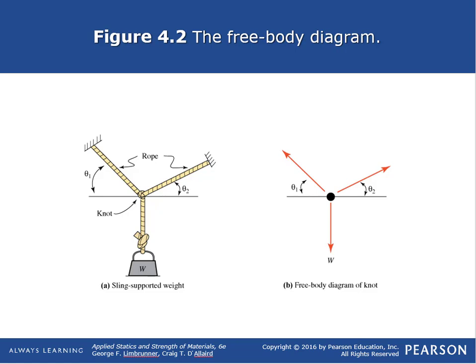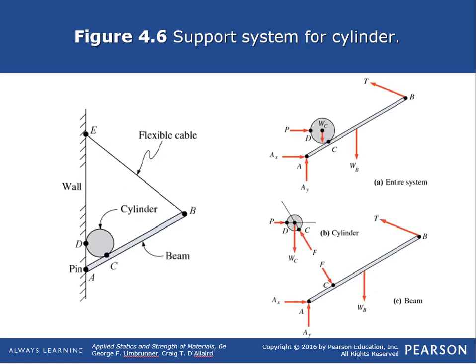Here is another system. What we have here is a cylinder that's supported by a beam and a flexible cable. If I look at all the forces acting on this system, in sketch A, we have the tension in the cable, the weight of the beam, and the reaction forces at point A, at the pin.